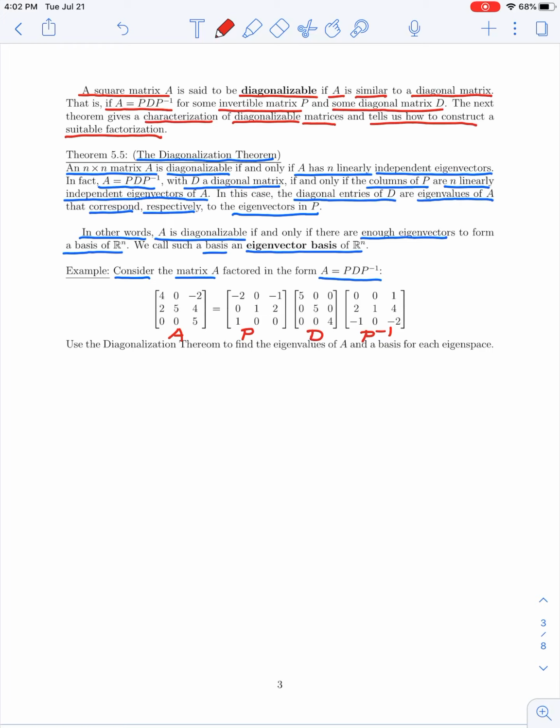So the eigenvalues of our matrix A should be the entries of the diagonal matrix D. That follows directly from the diagonalization theorem. So the eigenvalues of A are the diagonal entries, which were 5 and 4.